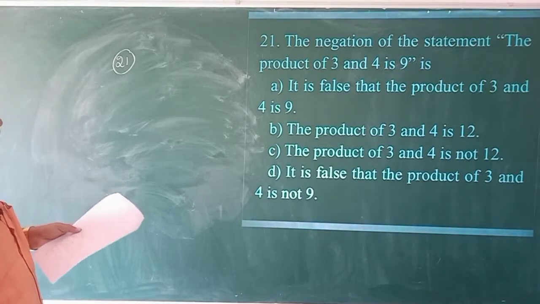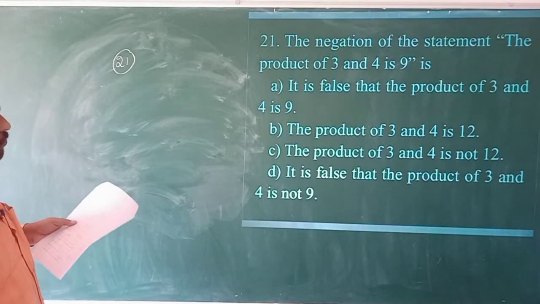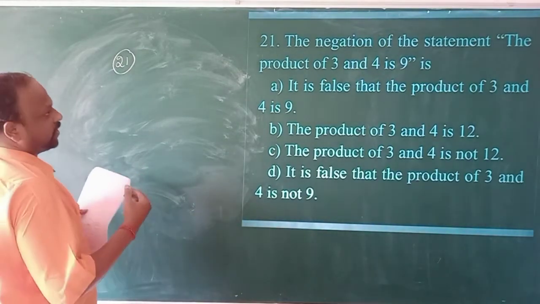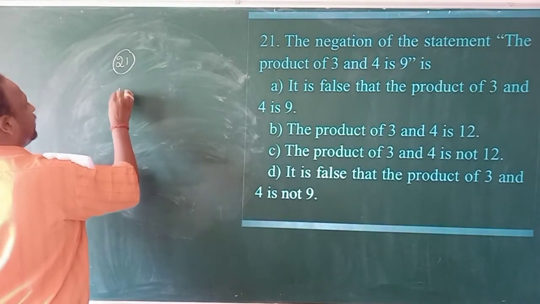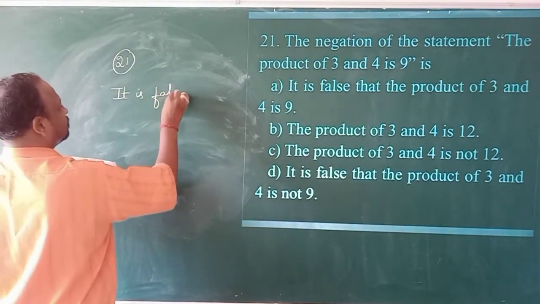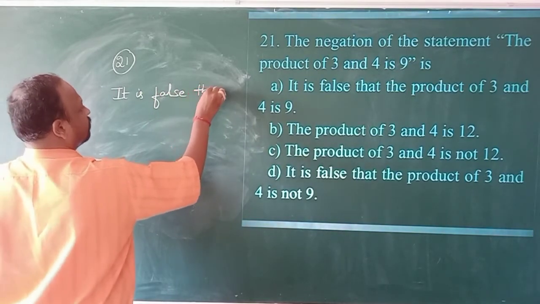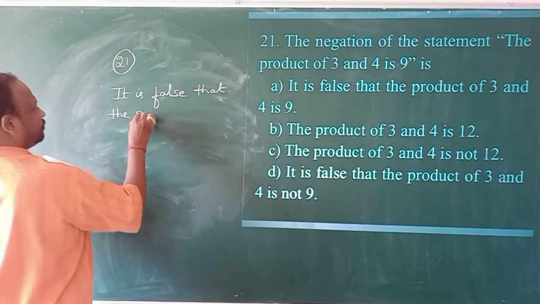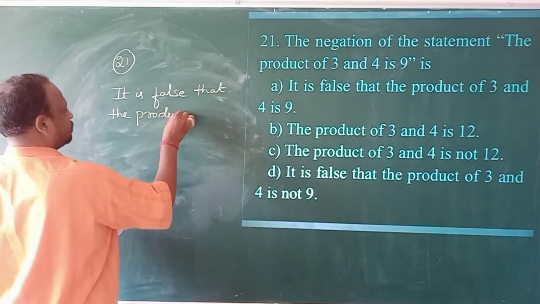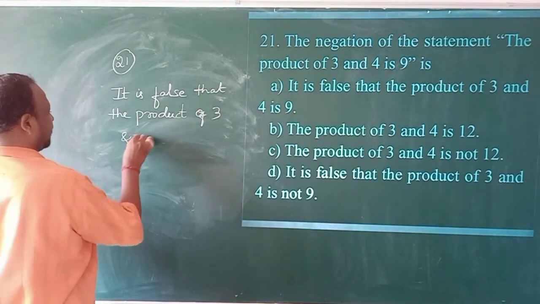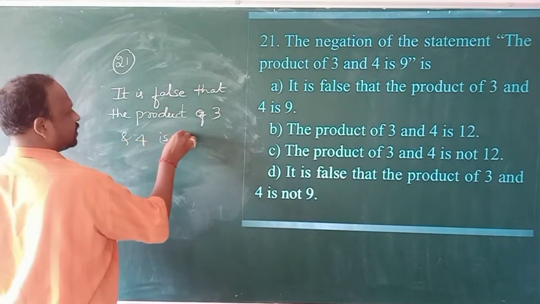It is only one statement. Negation, you can write not, or, it is false that the product of 3 and 4 is 9.